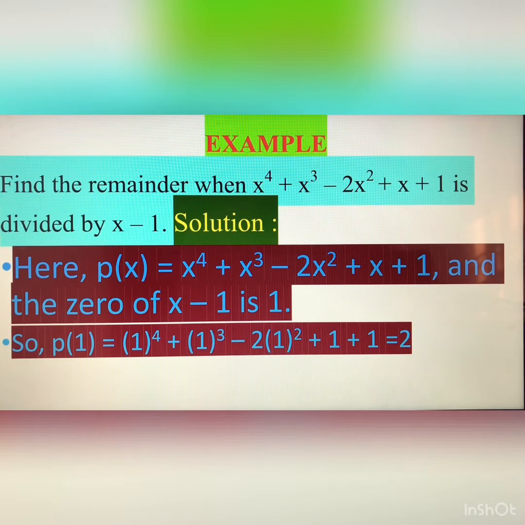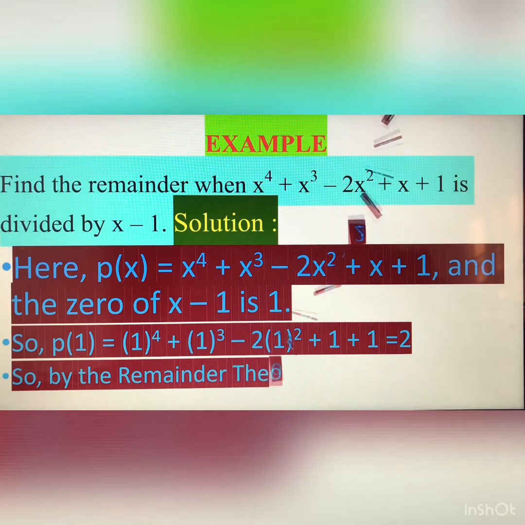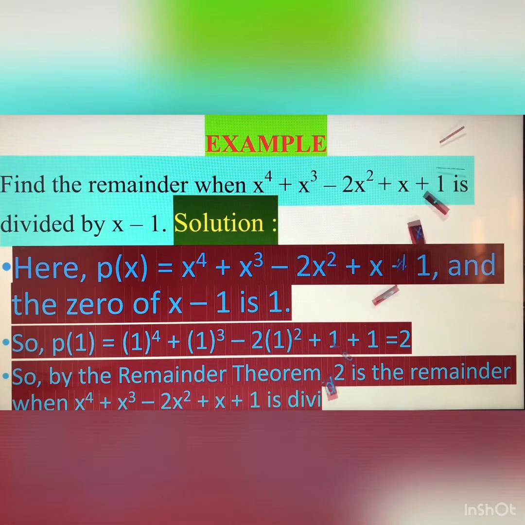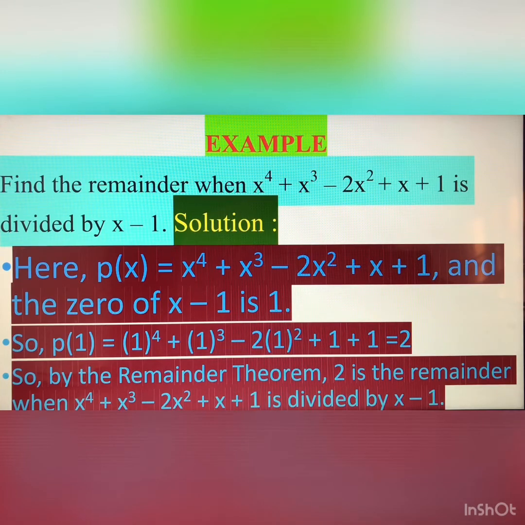Then you will get finally 2. So 2 is the remainder of this polynomial. So without actually dividing, you can find the remainder using the remainder theorem.